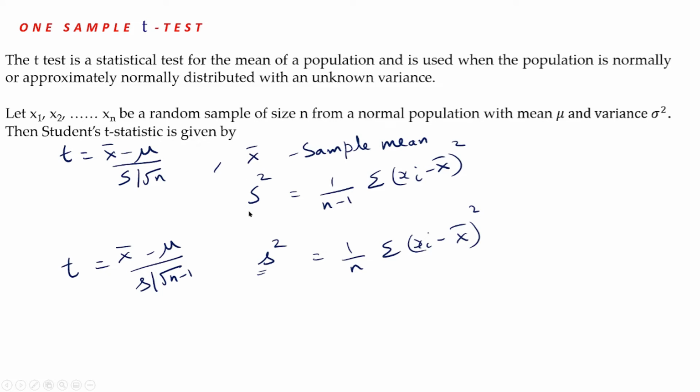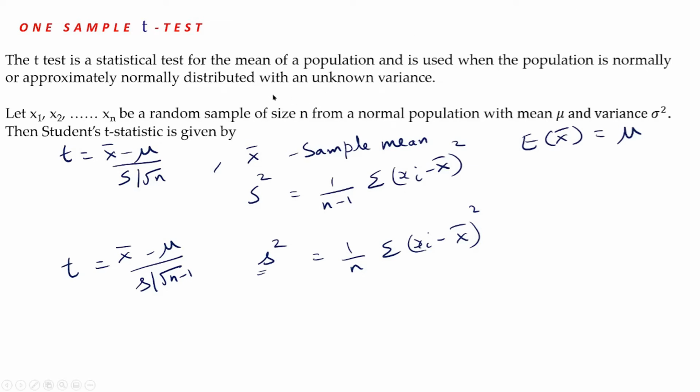Now there has been a big confusion with respect to this capital S and this small s. We have studied that the expected value of x bar is equal to the population mean mu, that is, expectation of x bar is equal to mu. Now this S square is an unbiased estimator of the population variance.